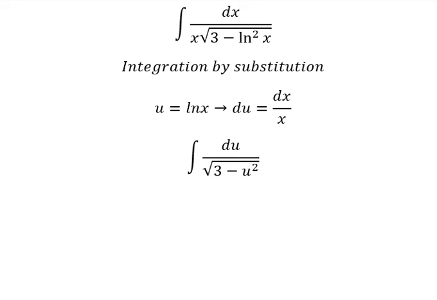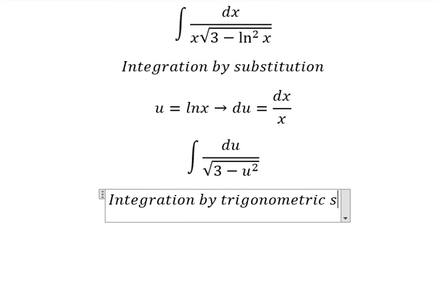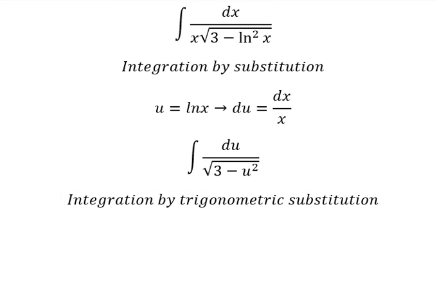Next, we need to use integration by trigonometric substitution. So I will put u equals the square root of 3 sine t.